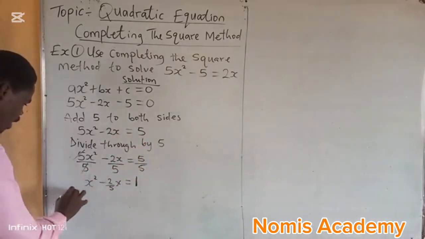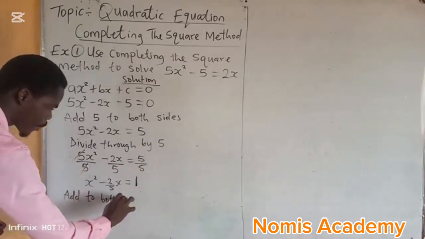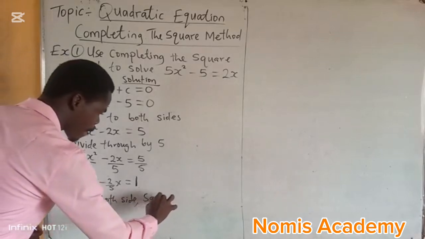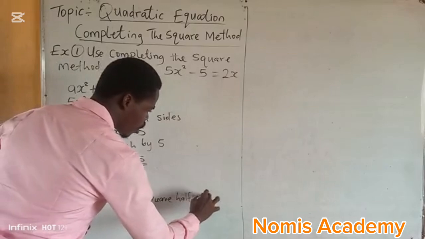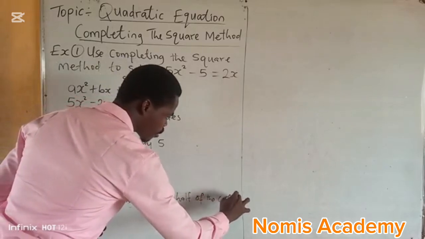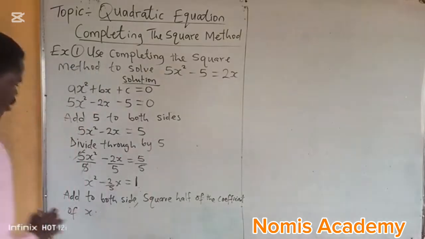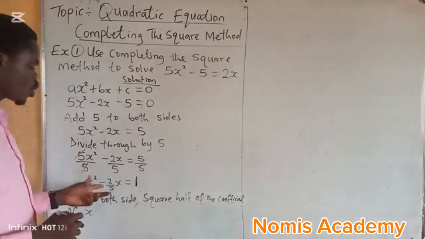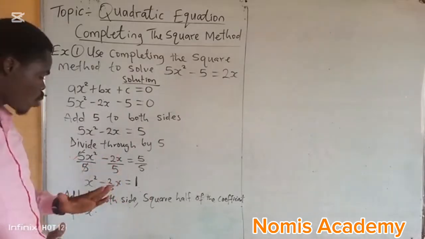Add to both sides square half of the coefficient of x. So we are going to take half and the square of the coefficient of x, and then we are going to add it to both sides.